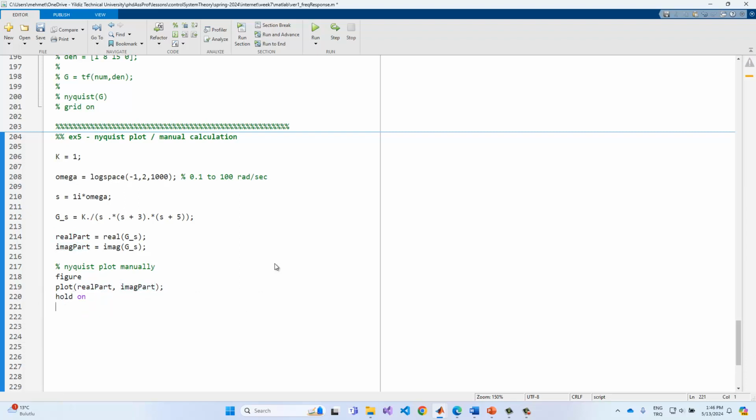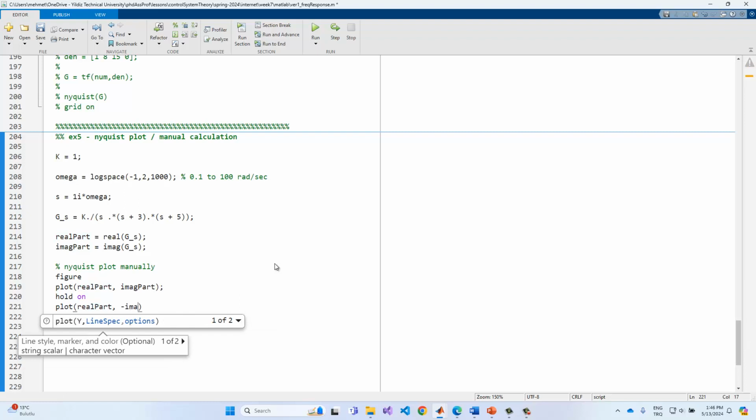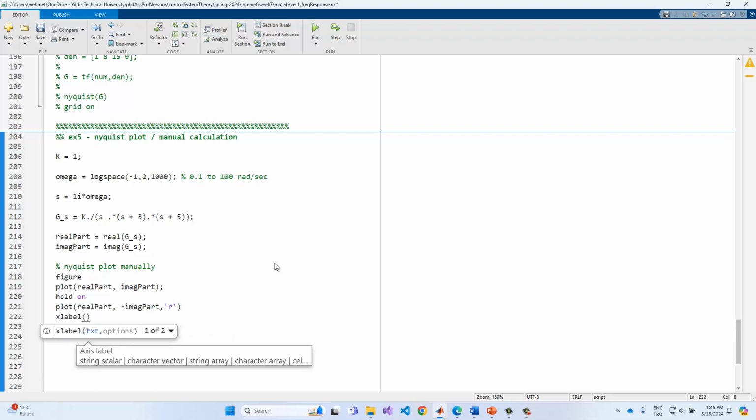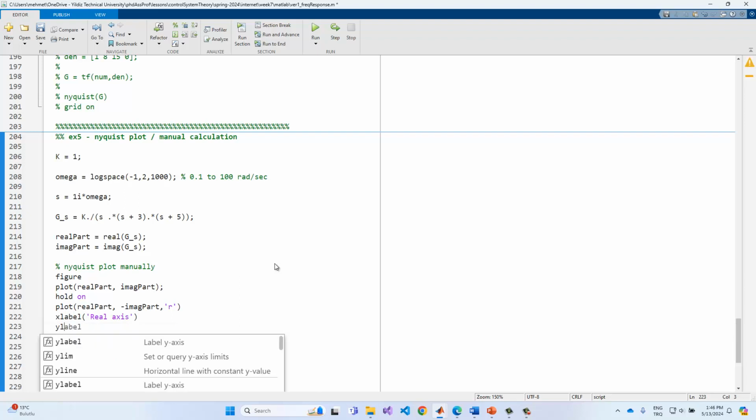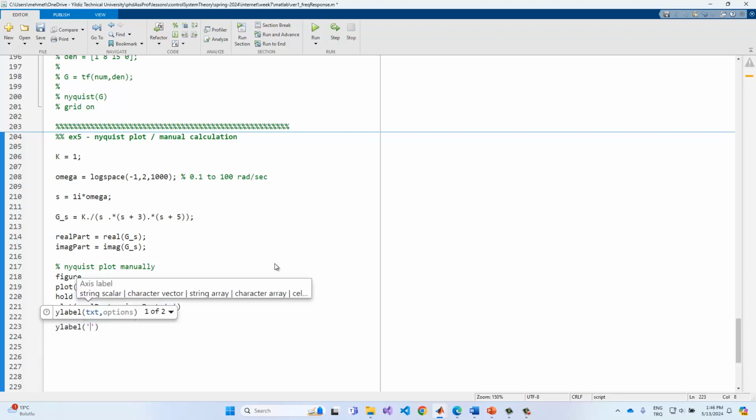And hold on, also plot its symmetry: real part, minus imag part, with the notation of the marker, okay? And the X label can be given as the real axis and the Y label is the imag axis, okay?